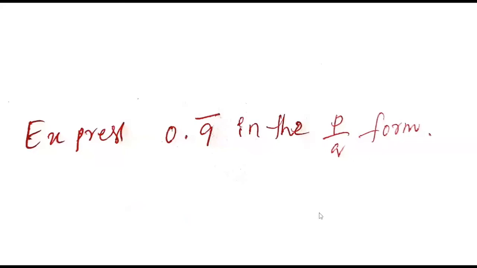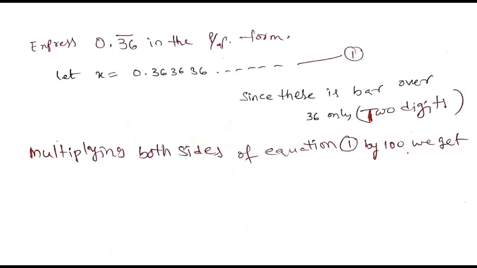Now, one more sum. This is 1 digit bar. Now 2 digits. Start writing question. Express 0.36 bar in the p by q form. Start doing. Express 0.36 bar, 36 together bar.